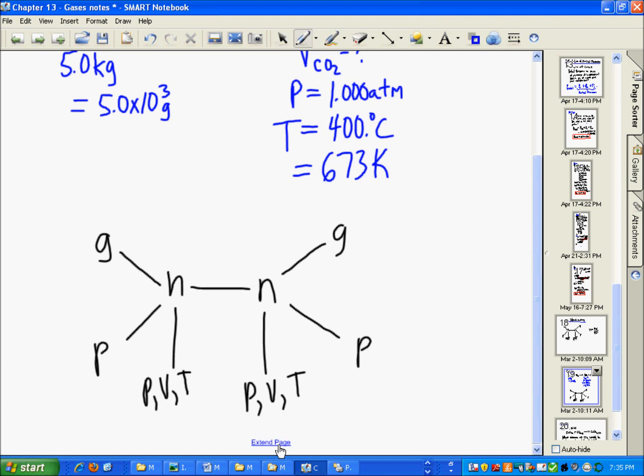The two substances we're calculating are C3H8 and CO2.